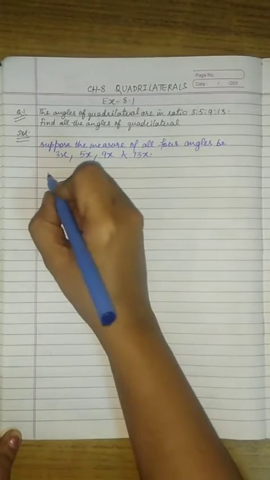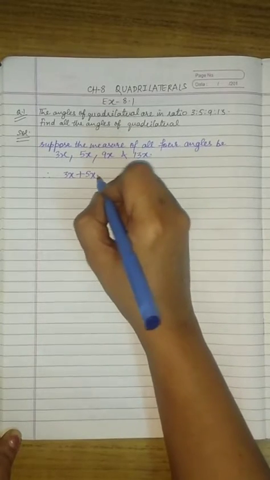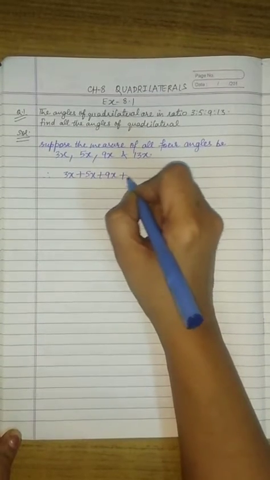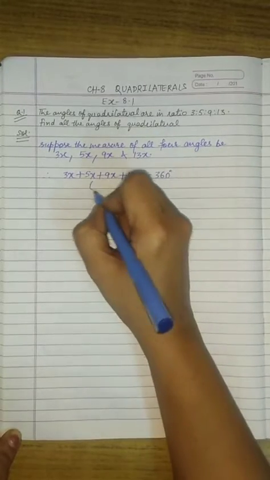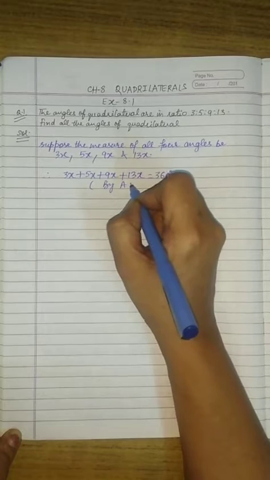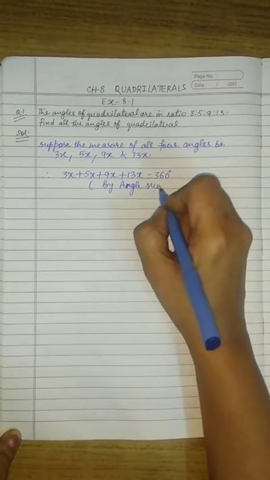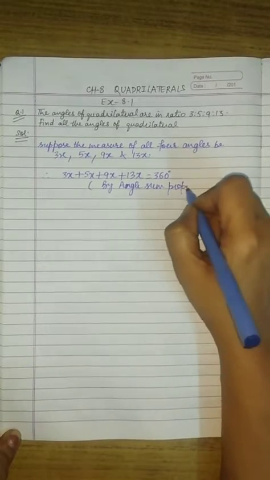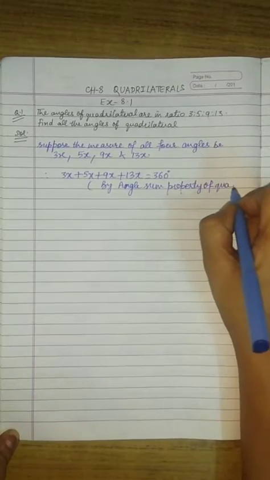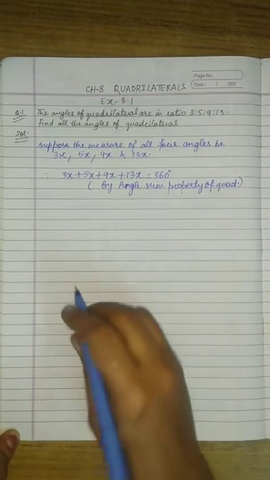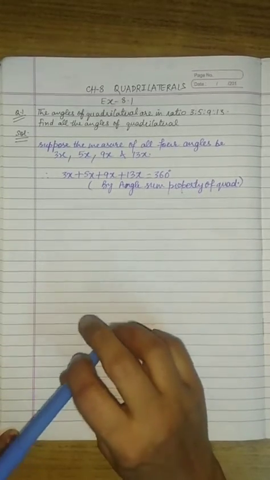So therefore 3x plus 5x plus 9x plus 13x is equal to 360 degree, and here we will write by angle sum property of quadrilateral. So the sum of all the four angles is equal to 360 degree.